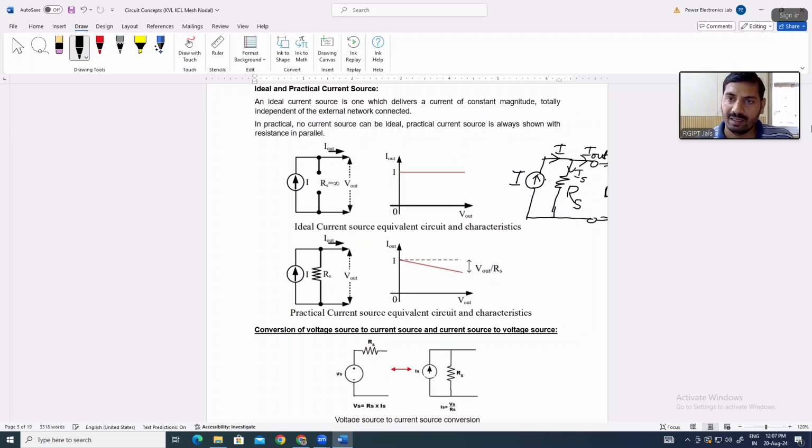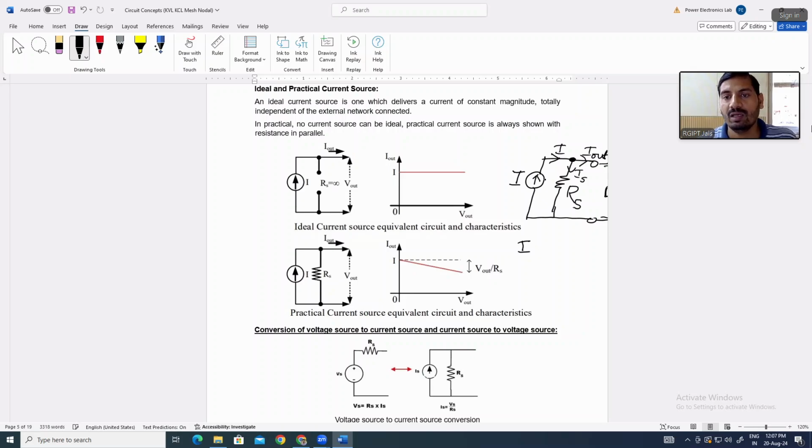So I is dividing at this node. At this node you can apply KCL; you have already studied KCL and KVL, so I think you have a little knowledge about this. As per the KCL, the total incoming current is equal to the total outgoing current.